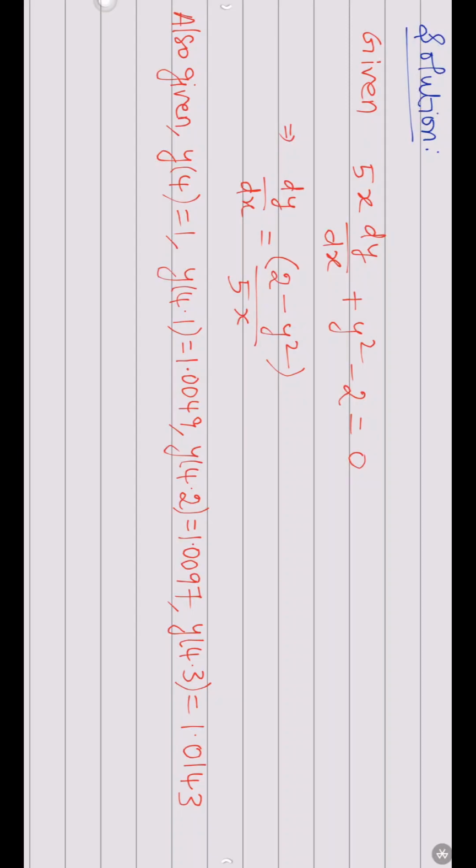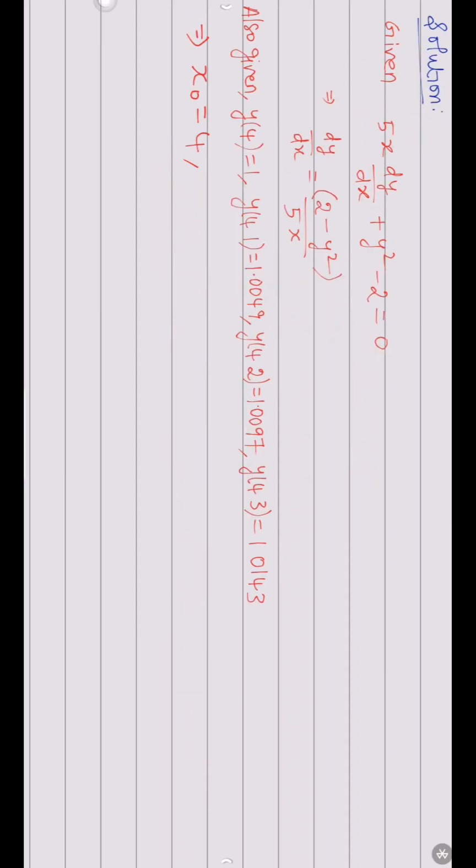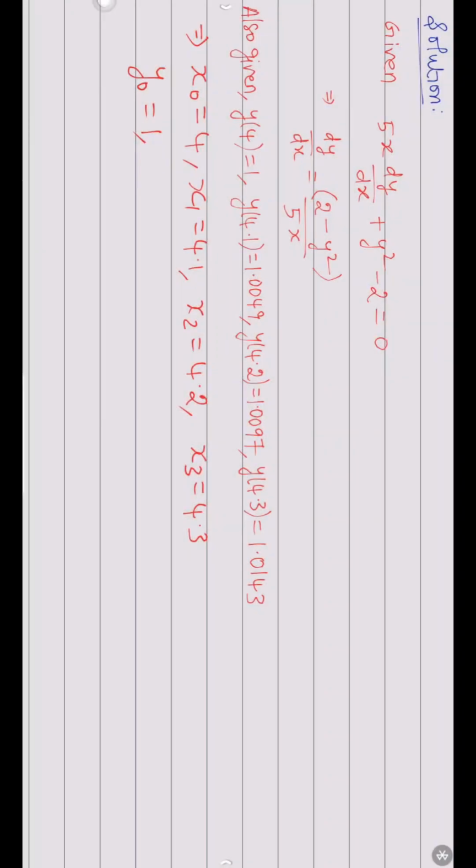From this, we have x0 equal to 4, x1 equal to 4.1, x2 equal to 4.2 and x3 equal to 4.3. Also, y0 equal to 1, y1 equal to 1.0049, y2 equal to 1.0097 and y3 equal to 1.0143.